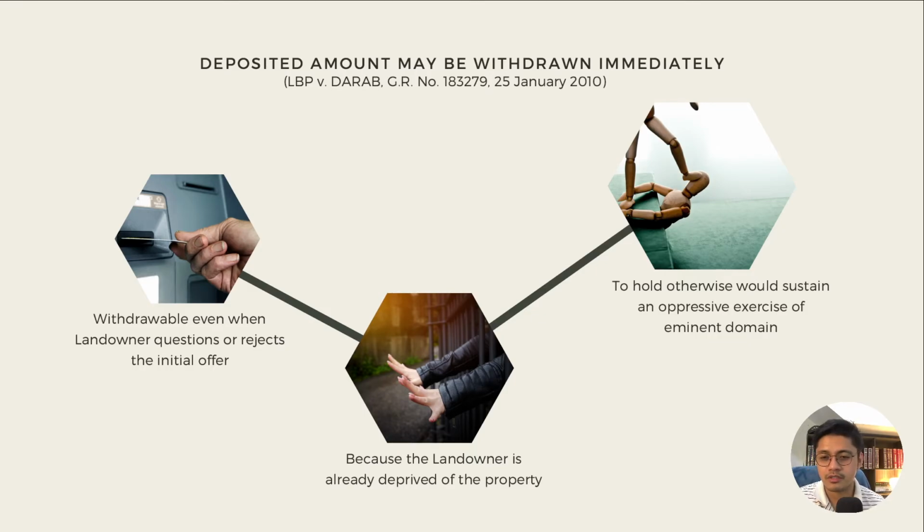pending the judicial determination of just compensation, because according to the court in this case, to hold otherwise, where you have a landowner who is in reality deprived of the property, but cannot yet enjoy the allocated just compensation, at least the preliminary amount of just compensation, in that scenario, according to the Supreme Court, that's an oppressive exercise of eminent domain, which the court cannot allow, because the exercise of the powers of the state must not be exercised to operate prejudice, to operate oppression on the citizens of the state, right?